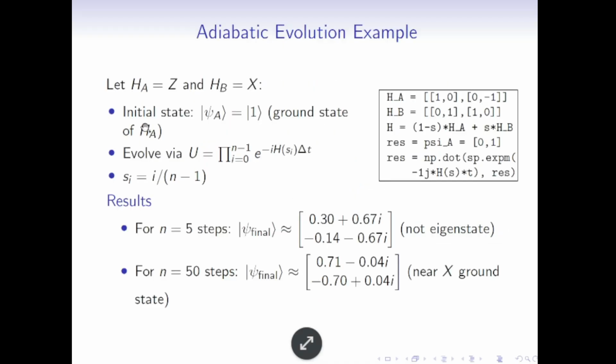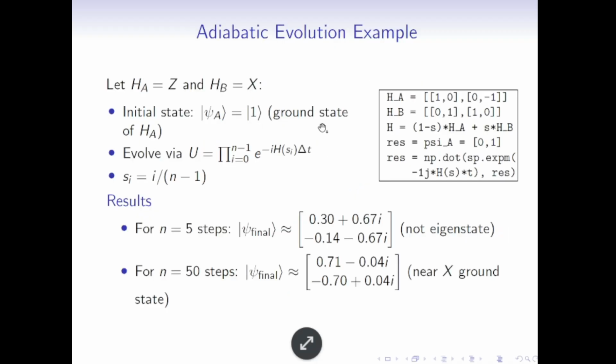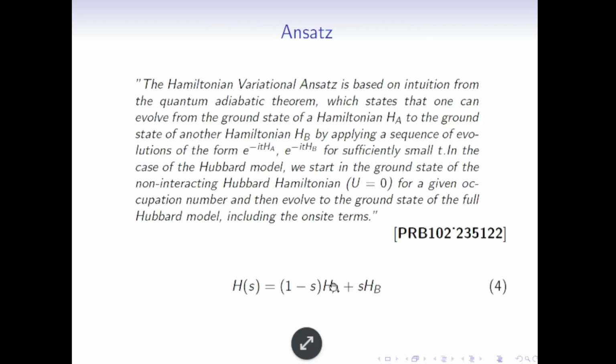Now as a simple example, as a starting example, we can use the simple Z state, okay. HA as Z and HB as X, right? So if the initial state is Z, then if you put S equal to 0, we have only Z and there is no X. So you have an eigenstate of Z which can be 0 and 1.